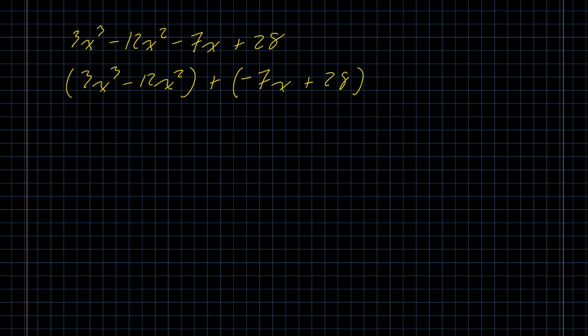In my first group, there is a common factor of 3x squared. It leaves behind x minus 4. In my second group, there is a common factor of 7. It leaves behind negative x plus 4. That's almost the same thing as x minus 4, but not quite.